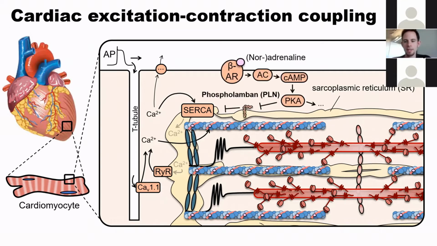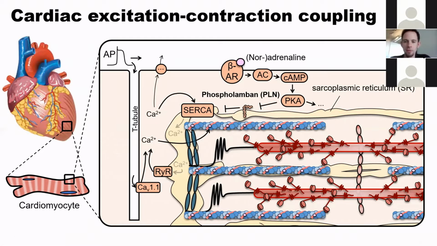When the cell receives stress signals in the form of adrenaline or noradrenaline, these molecules bind to the cell surface receptors, which triggers the activation of a cascade that ultimately leads to the activation of a kinase, protein kinase A, or PKA for short.